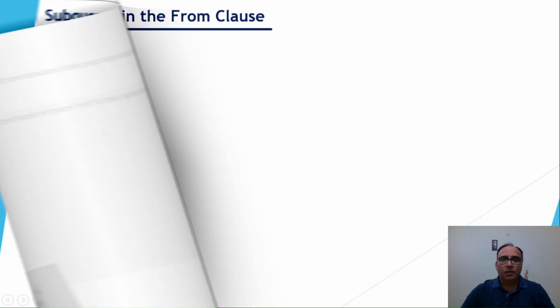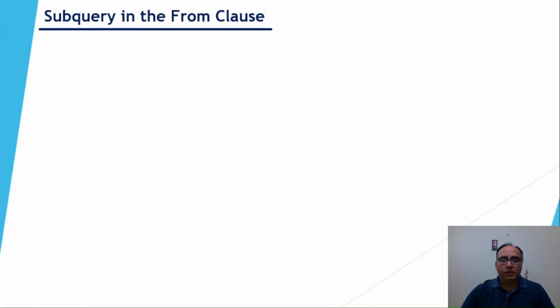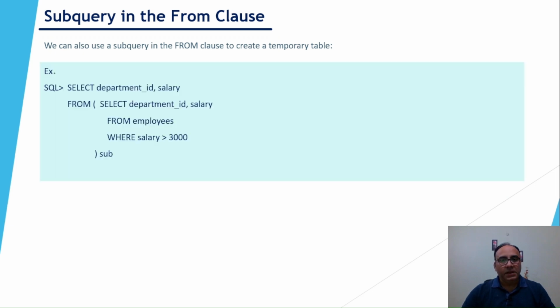Subquery in the FROM clause. We can also use a subquery in the FROM clause. In place of a table we can basically use a subquery, and we can give an alias to this particular subquery, so it will work as a table.